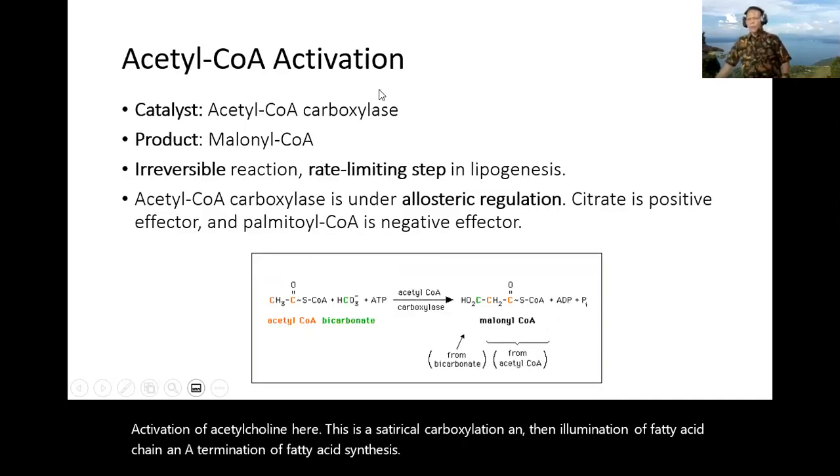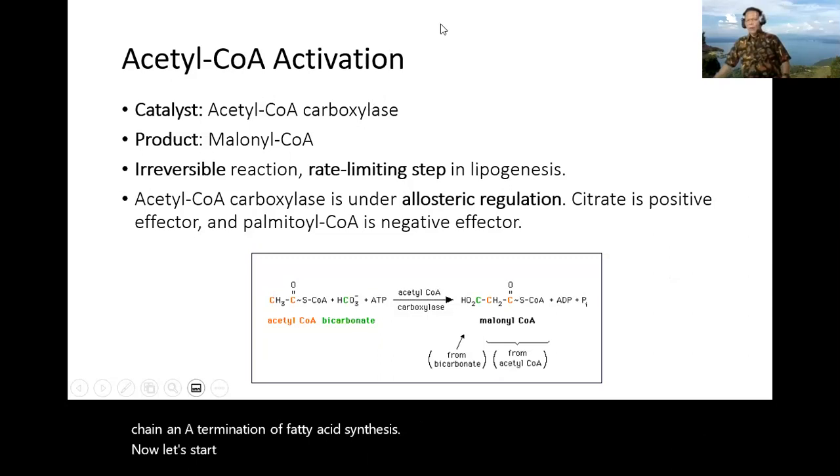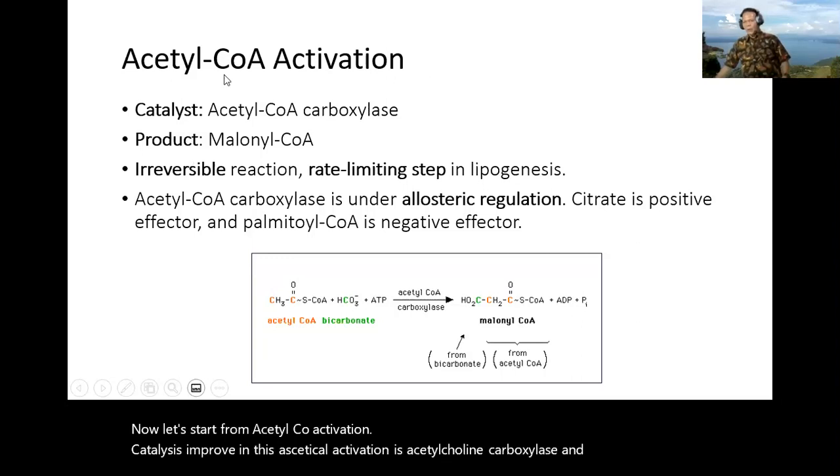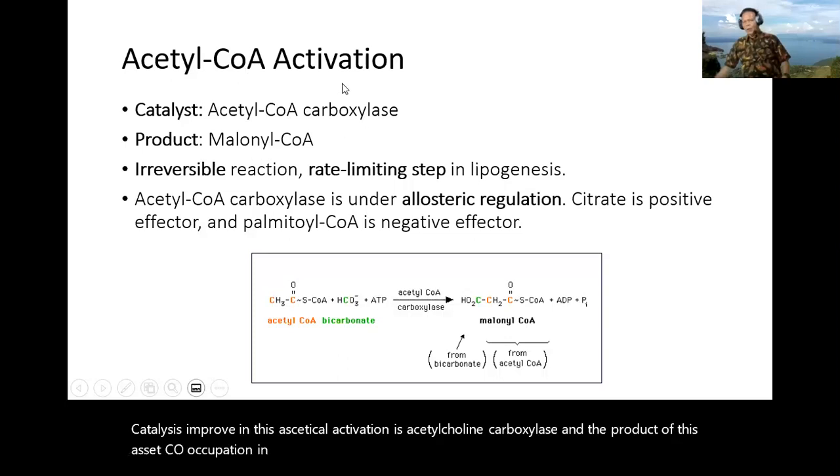Now, let's start from acetyl-CoA activation. The catalyst involved is acetyl-CoA carboxylase, and the product is malonyl-CoA. This is an irreversible reaction and the rate-limiting step in lipogenesis.